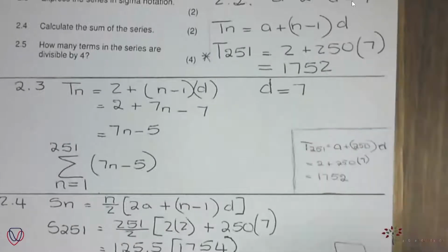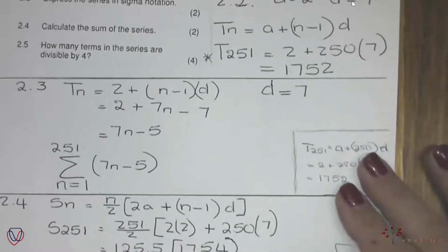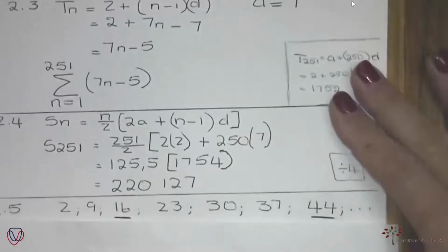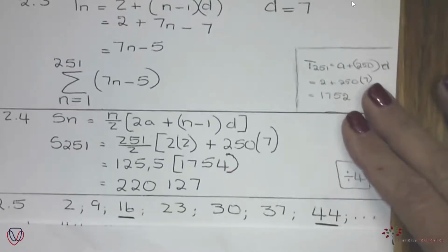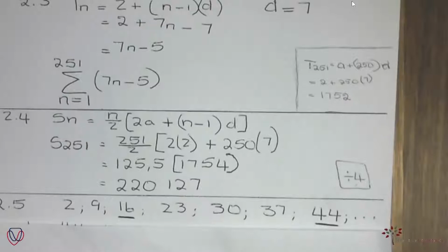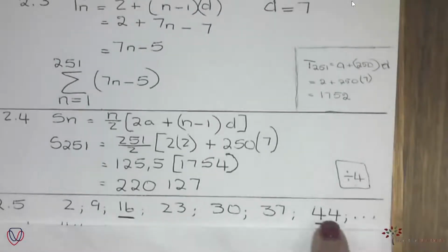Right. 2.5. They said how many terms in this series are divisible by 4? Goodness gracious me, people. How many terms in this series are divisible by 4? I wrote down the series up to 44 because I realized 44 is also divisible by 4. So now I've actually got a new sequence.